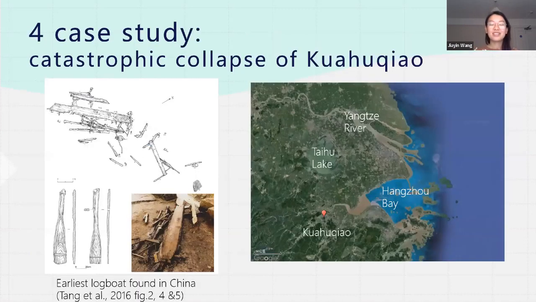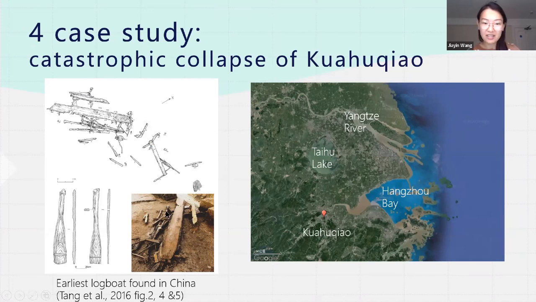And then I would like to give a case study of how sea level and paleoclimate change influenced coastal settlements. This is the Kuahuqiao site. From this site, archaeologists found the earliest log boat in China.